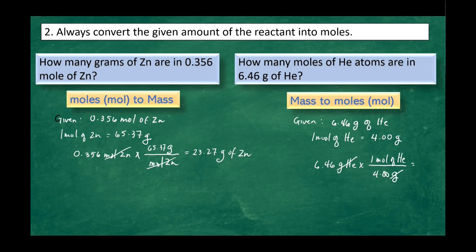So 6.46 divided by 4.00, we will have a mole of 1.62. So 1.62 mole of helium.